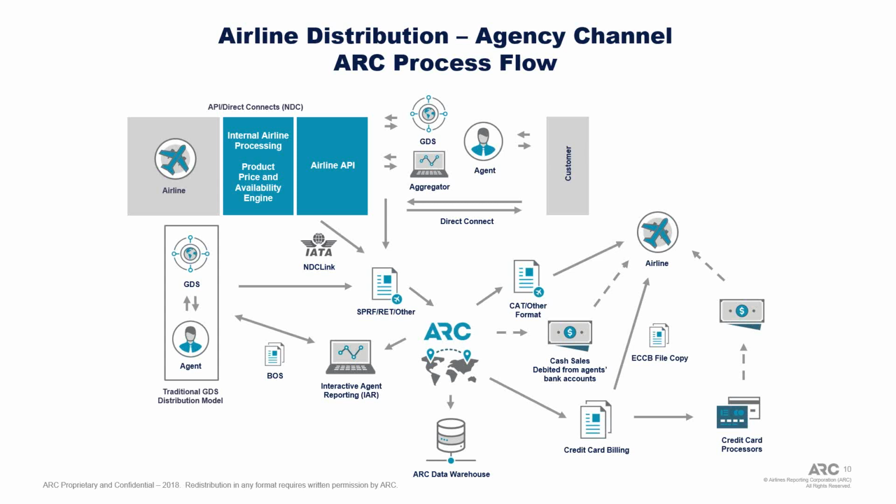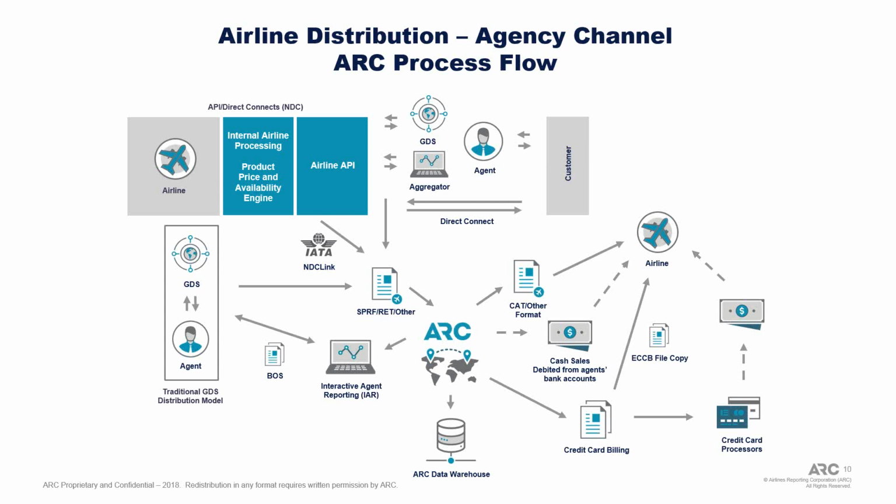So I think we have here SPRF, RET, and ECCB. What is it? The SPRF I just mentioned is the system provider reporting file, and that is the file of the daily transactions that the agencies have issued through the various GDSs. So it's straight sales, refunds, exchanges, miscellaneous charge orders, EMDs, a variety of transactions.